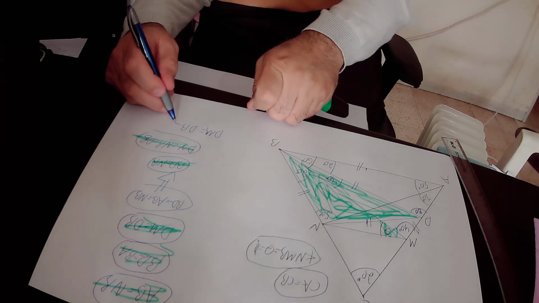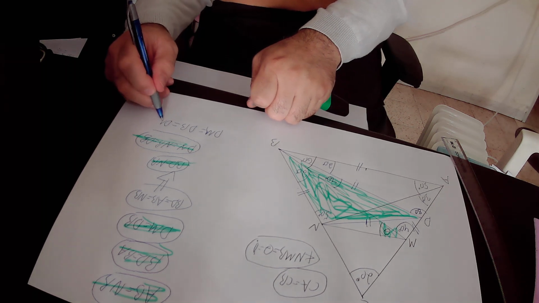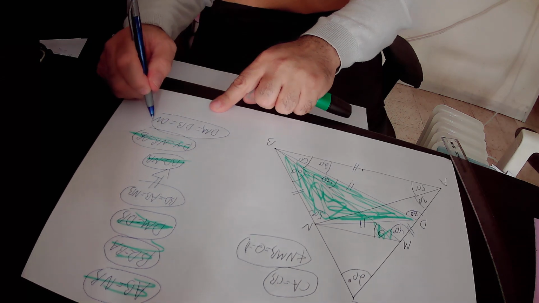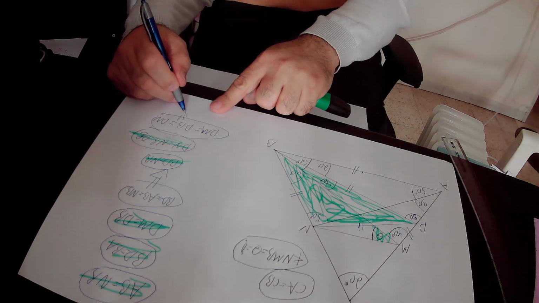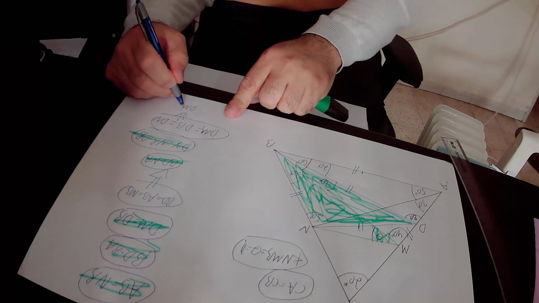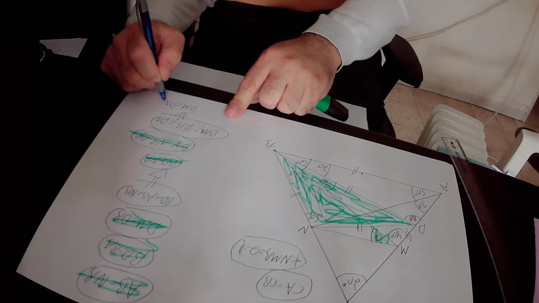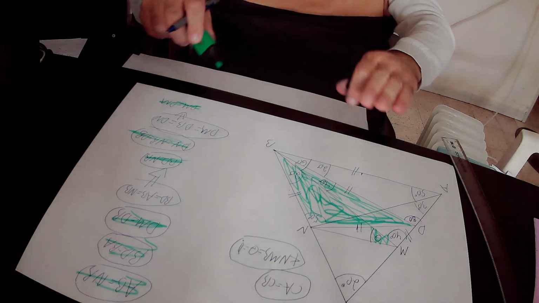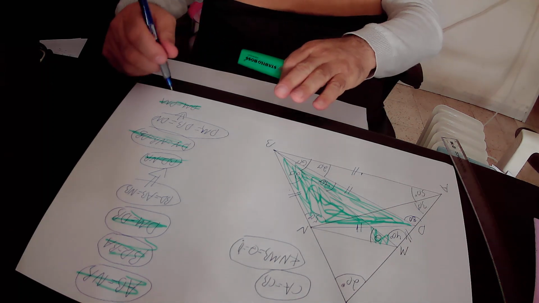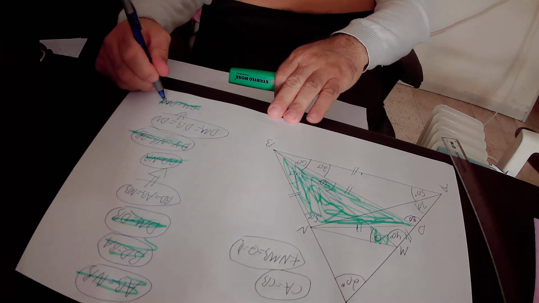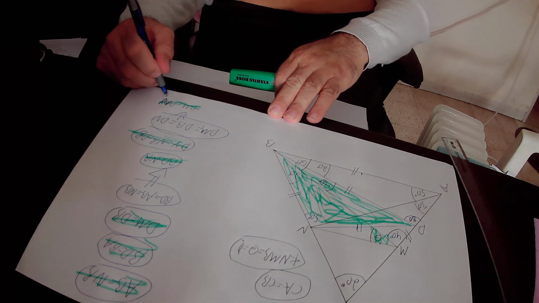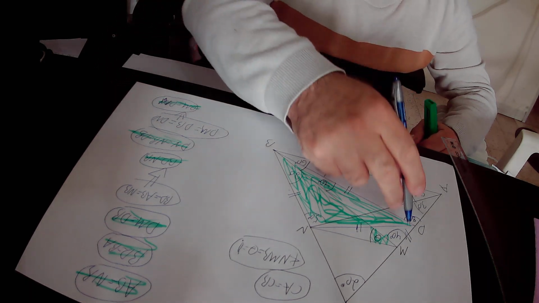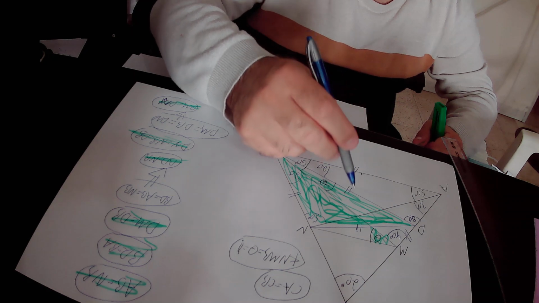So we can argue that DB equals DN, and from this equation, DM equals DB equals DN, we derive that DM equals DN. Side DM equals side DN.